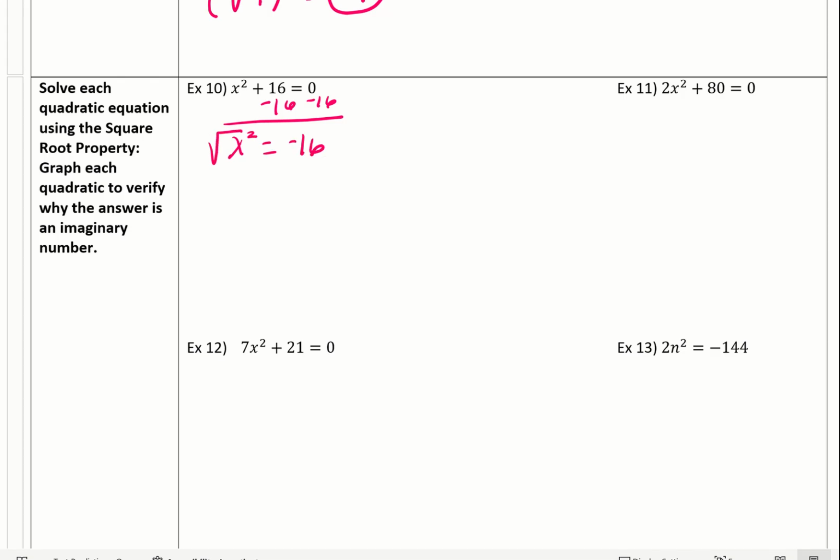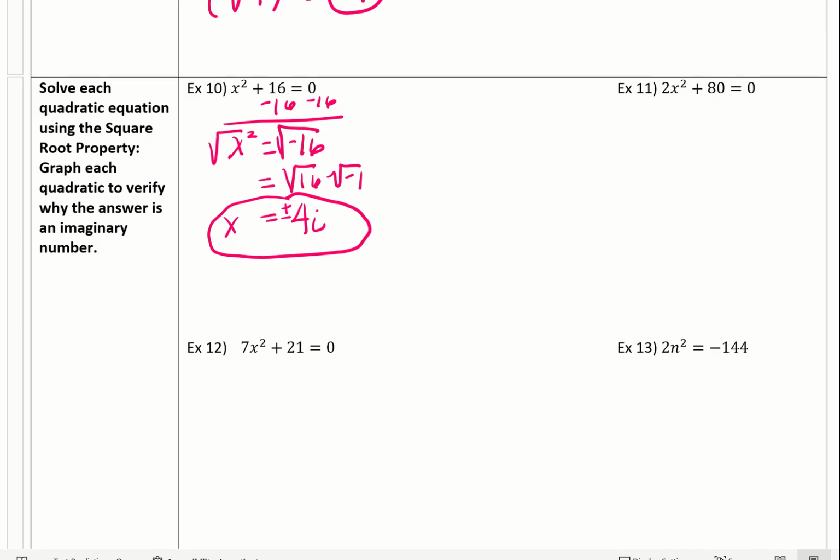And then when we go to square root, we're square rooting a negative, which is a problem. So we're going to break that down to root 16, root negative 1, and we get x equals 4i. And it will be plus or minus 4i because we will have two imaginary solutions. Because remember, that was really our only option. It was one real solution, two imaginary, or two real, based on the discriminant.